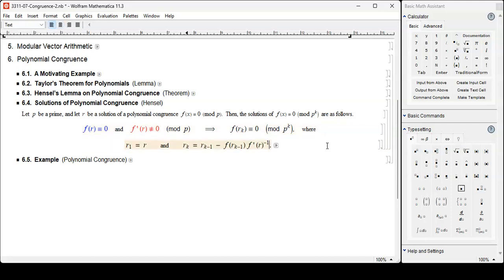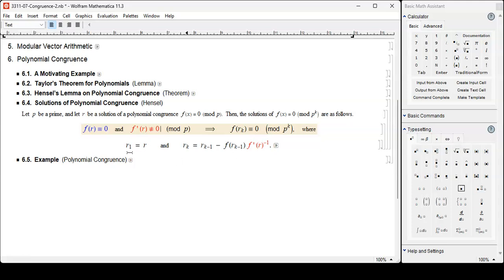Then it is obtained recursively like this. r_k is r_(k-1) minus f of r_(k-1) times f prime of r inverse. And that inverse exists because f prime of r is non-zero modulo p, and this inverse is modulo p.